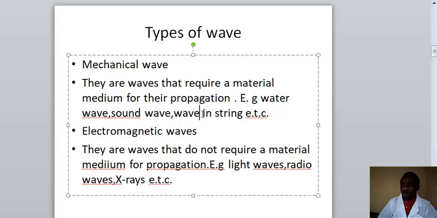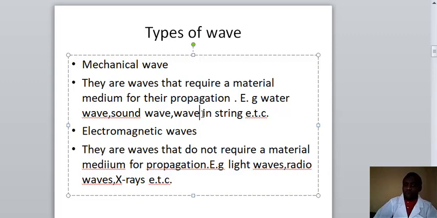If it is sound wave, you need to produce a sound using either a drum skin or anything that can produce sound. Even a table, hitting a table will give you a sound, and the table and you that beats the table are the things that require material. So that is why we call it mechanical wave, because it requires material.